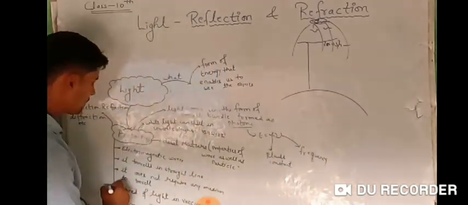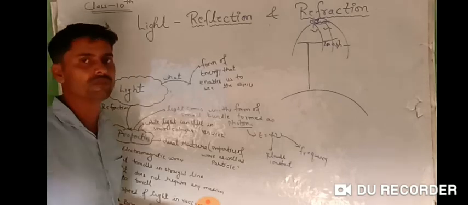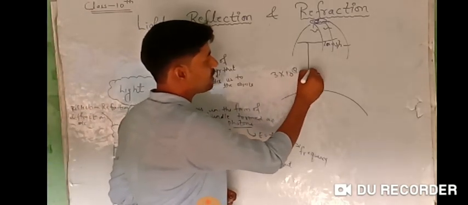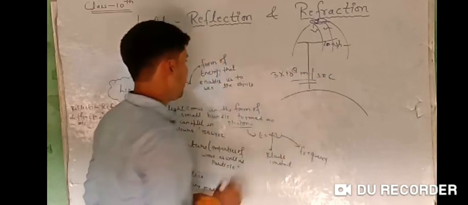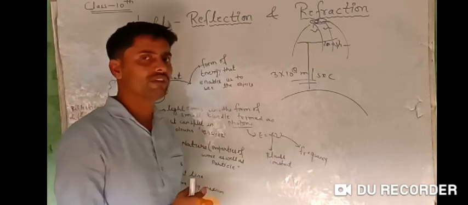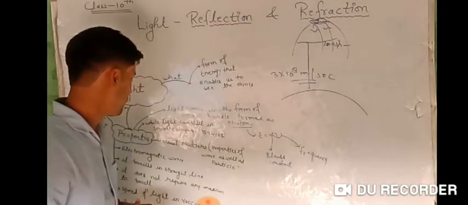The next property is that in vacuum, the speed of light is 3 into 10 to the power 8 meter per second.